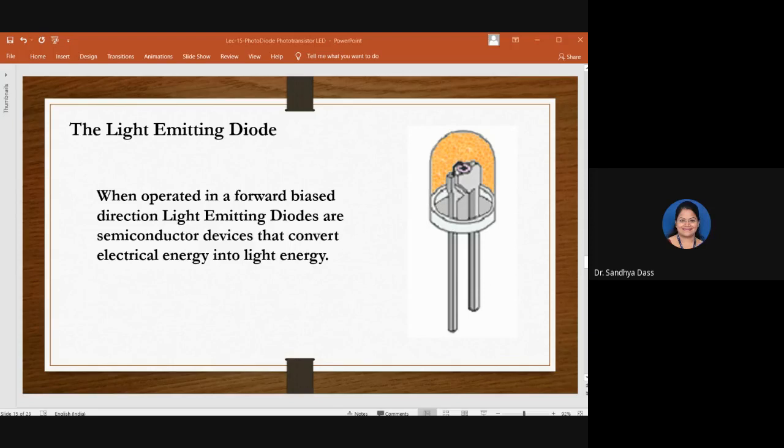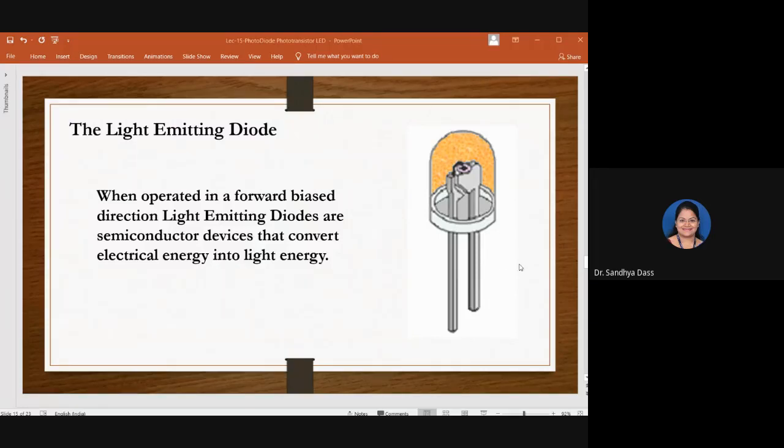So unlike normal incandescent lamps or the bulbs we use in our households, which generate a large amount of heat when illuminated, isn't it? The LEDs produce cold generation of light, which leads to higher efficiency than the normal light bulbs.